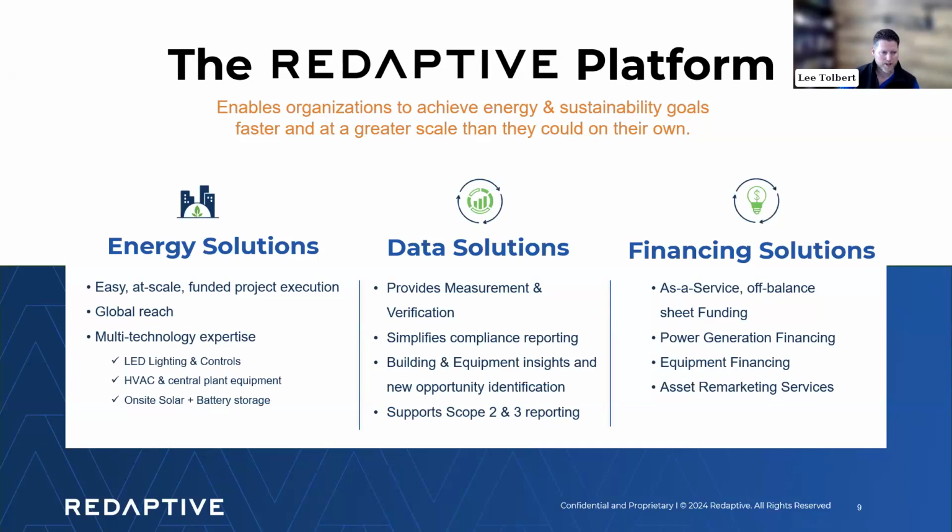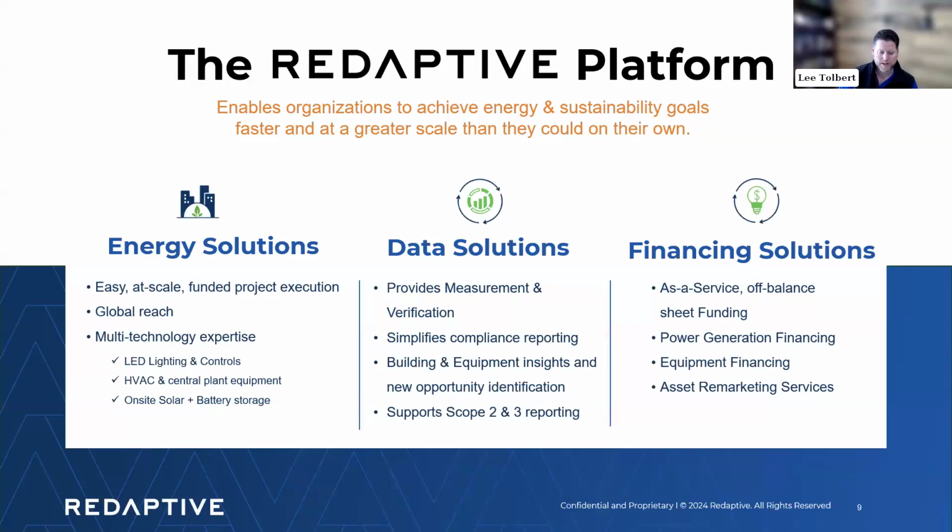We have global reach and expertise across a number of different technologies that's growing by the day. Additionally, we have the resources from program management to maintenance that allows us to manage a full life cycle of a project. As part of energy solutions, but also standalone, we offer data solutions.